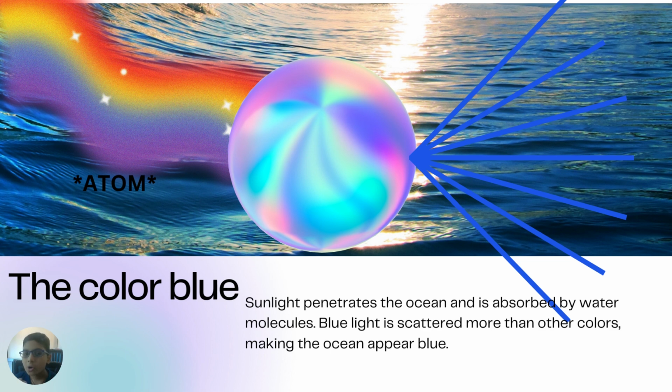Understood? So now the sea atoms, or the ocean waters, absorb all the colors, but they do not absorb the blue color. Or while they absorb, they again scatter out the blue color into the ocean. Another important thing, let us take an example.